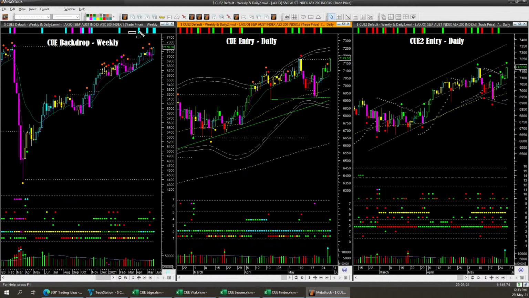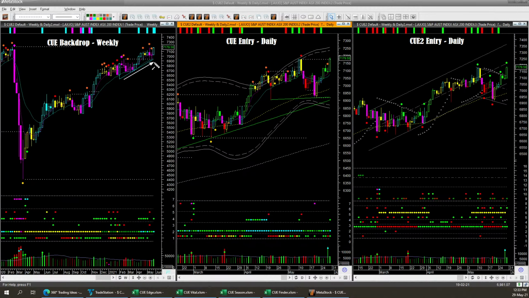The leftmost chart is the weekly Q backdrop, middle chart weekly Q entry, and the alternate Q2 entry is actually the integrated system. Let's look at the three charts together.